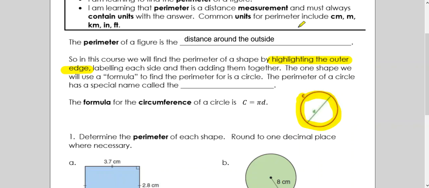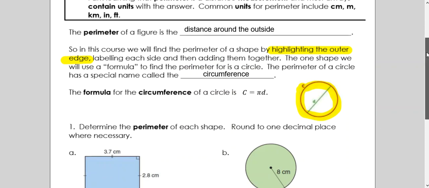Okay, so one of the funnier things that we're going to look at is perimeter of a circle. Sometimes it's called the circumference. The circumference is basically the distance around the outside of the circle. And there are two formulas for that.